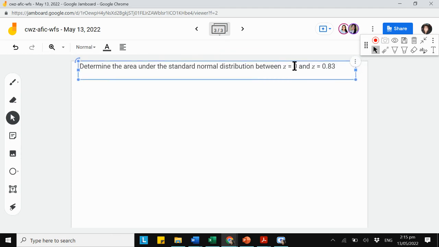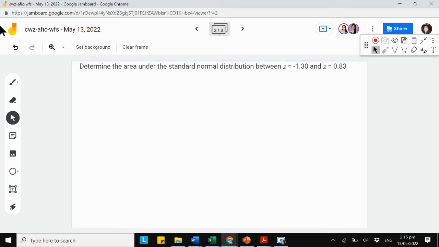Baguhin natin yung data. Although nakasulat na doon sa ano ninyo, 0 and 0.83. Gawin natin, let's say, negative 1.3 and 0.83. So, yan yung gagamitin natin.